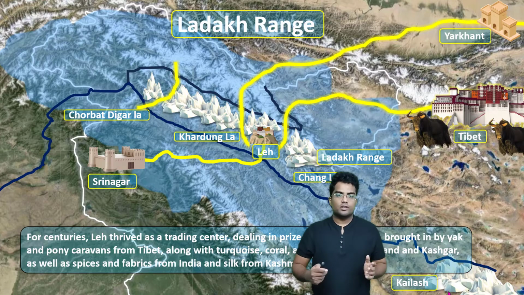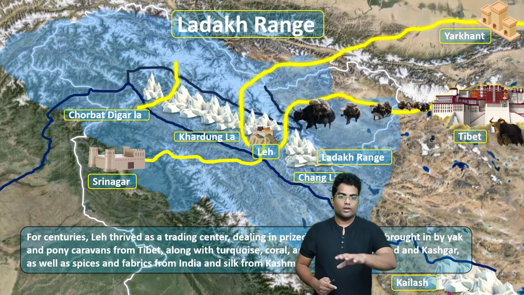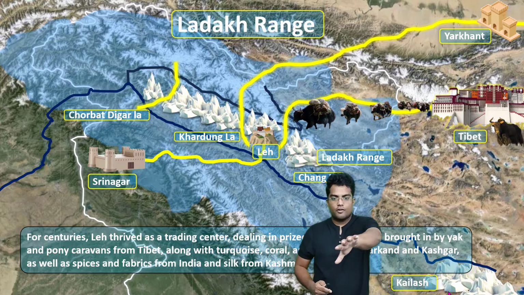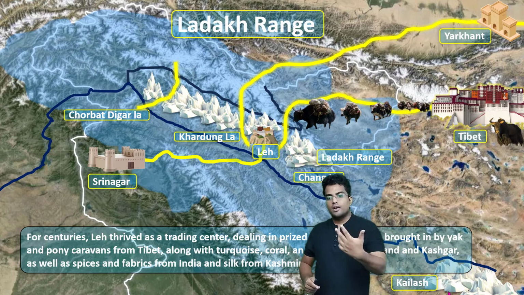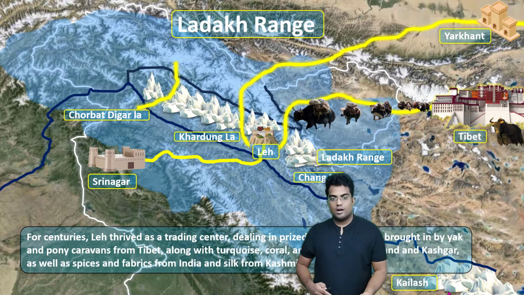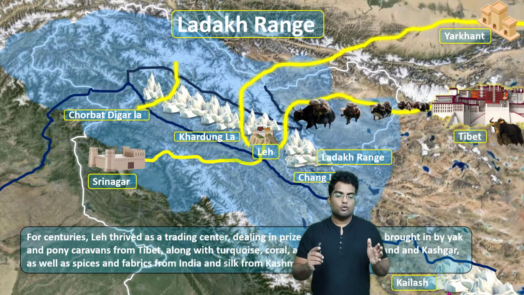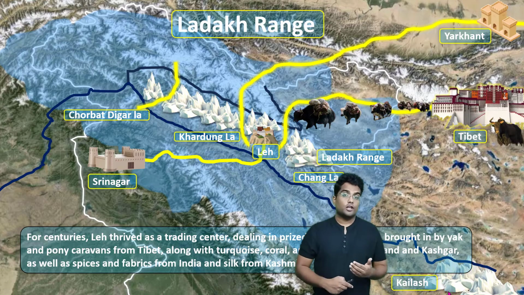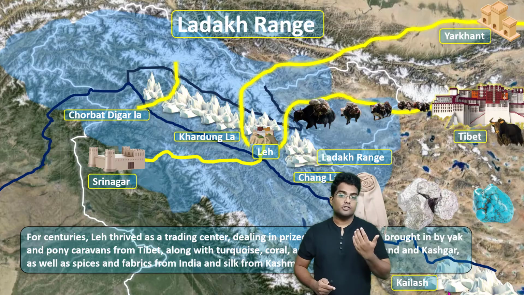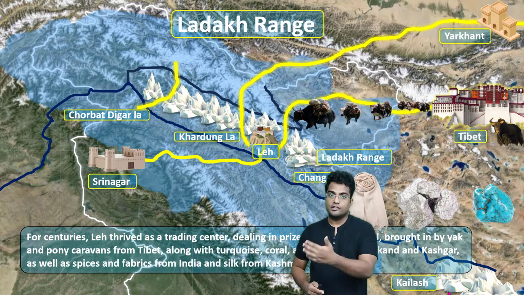And this is how the trade caravans used to look. The trade caravans used to come from these passes and enter into Leh. From Yarkand and Tibet, the city of Leh used to get many different things. These include pashmina wool, which is quite good wool that comes from a goat, and then coral and silver.